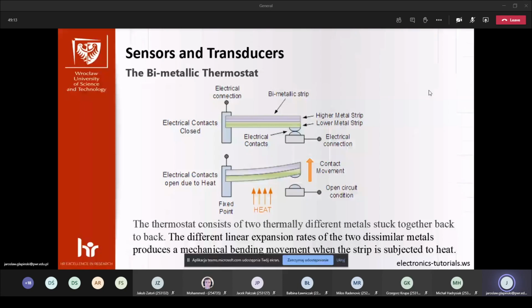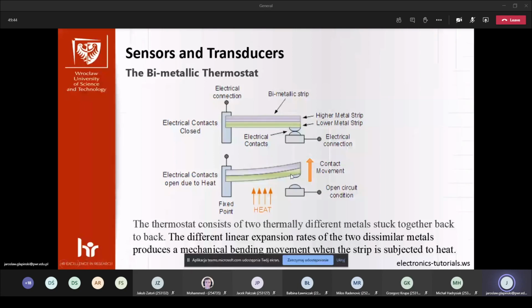If we use two metals which have different properties regarding temperature, and we heat this metallic element, one will, for example, stay stable, and one will become longer when we heat them.